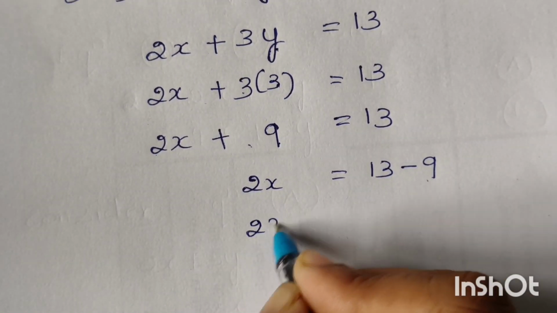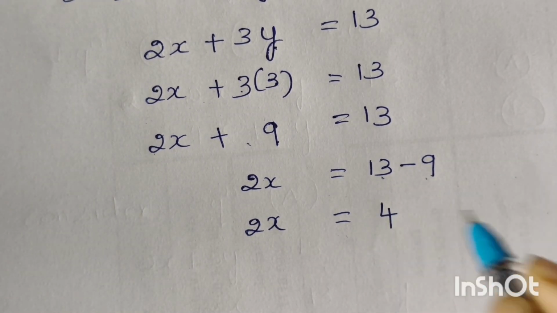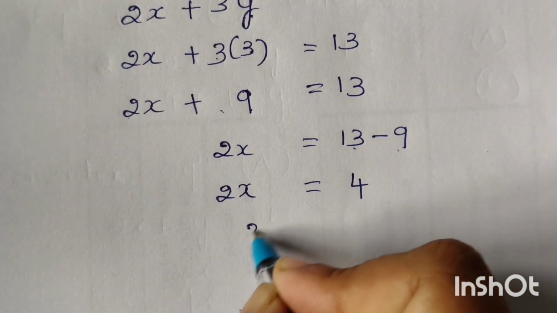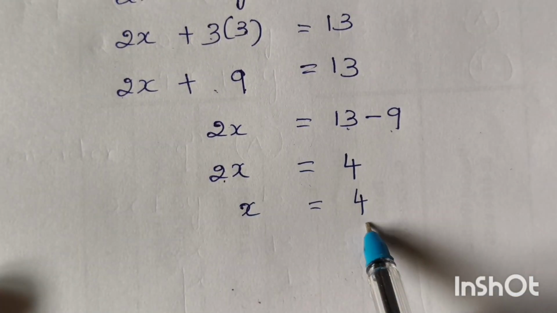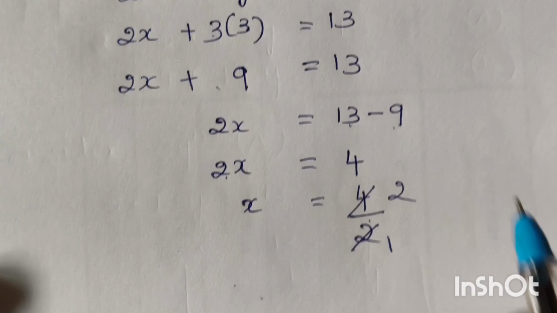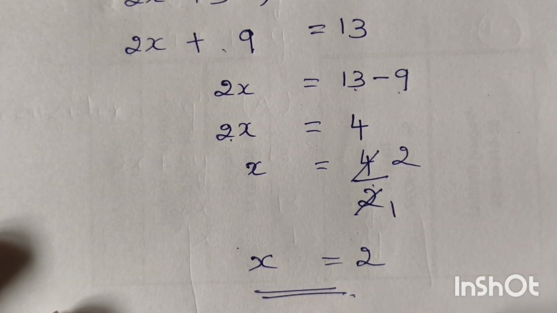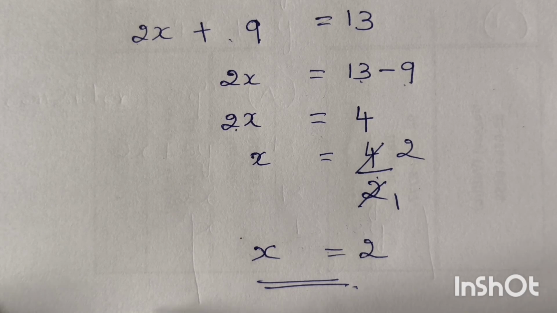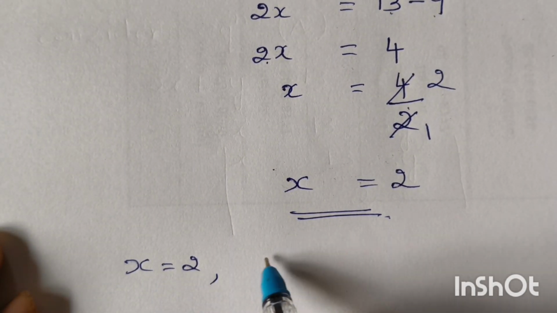Then 2x is equal to 13 minus 9 is 4. x is equal to 4 into 2, when it will come this side it will become divided by 2. 2 1s are 2, 2 2s are 4. Therefore x is equal to 2. We got the value of x as 2 and y as 3.